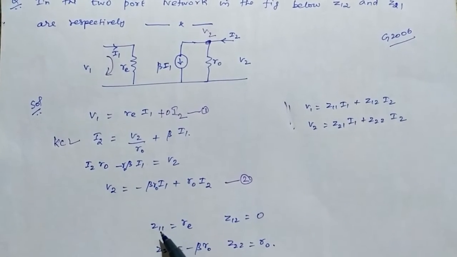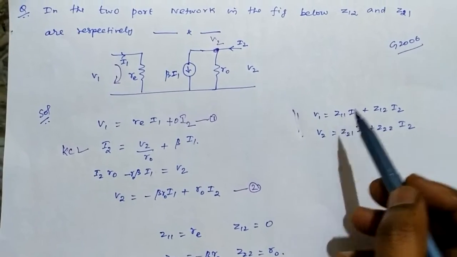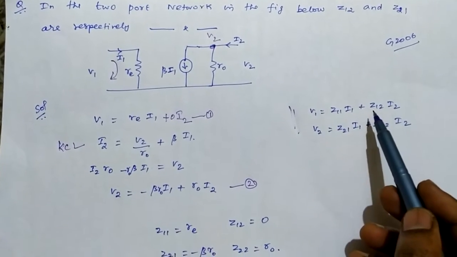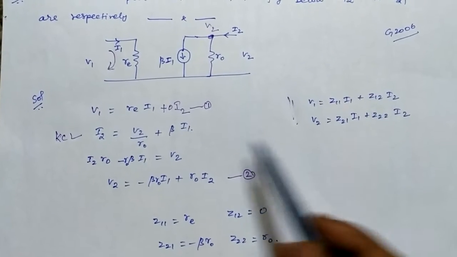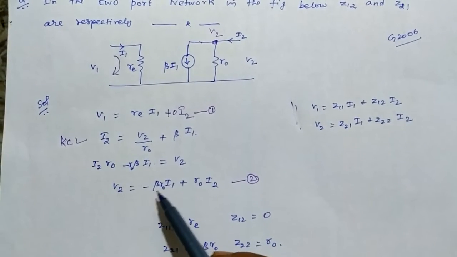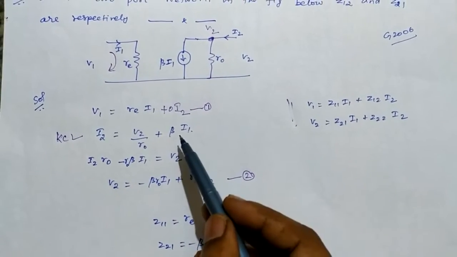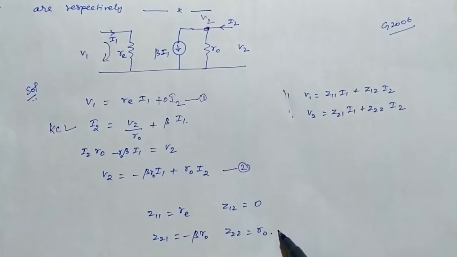We can write Z11; the I1 coefficient is Z11. So Z11 is RE. Similarly, Z12 is 0, and Z21 is minus beta R0. Z22 is equal to R0.